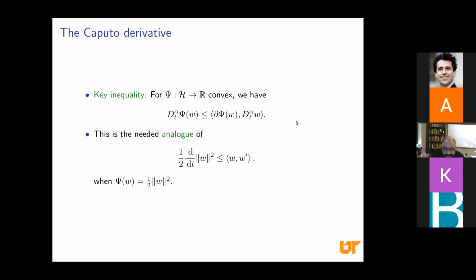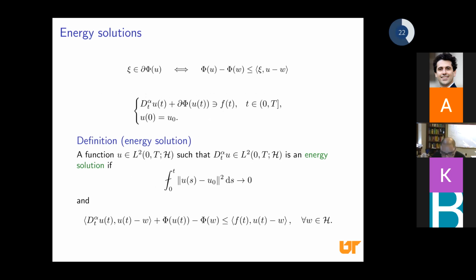And so this motivates right away to define for the fractional gradient flow, which now has a Caputo derivative in the sense that I just described a little while ago, this differential inclusion. And so we can define for this problem energy solutions much in the same way that we did for the classical case.